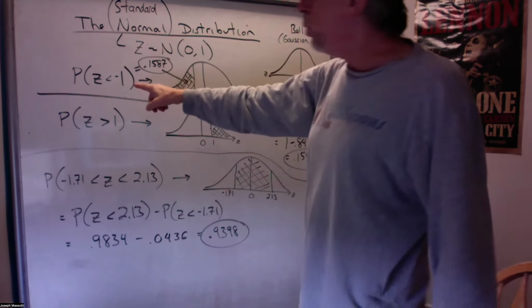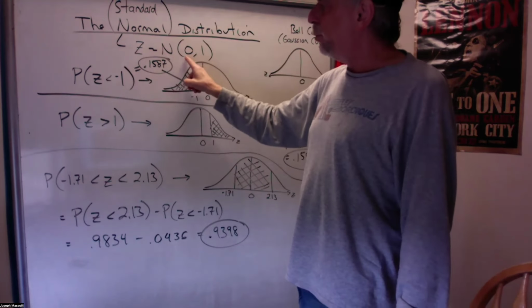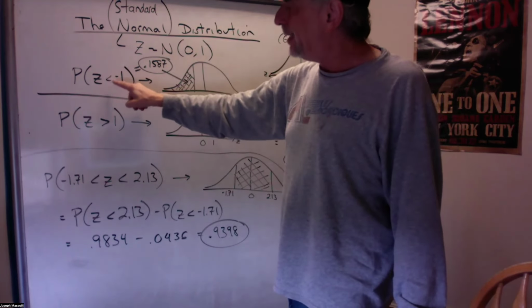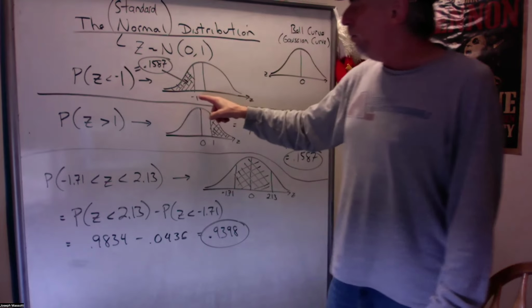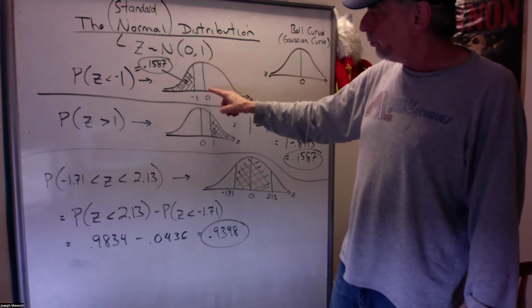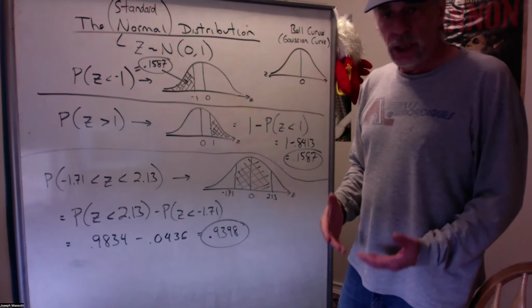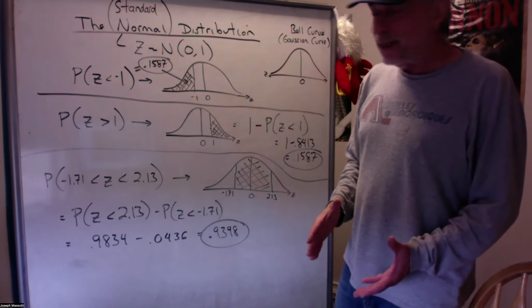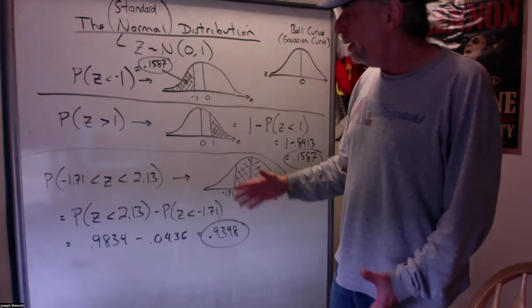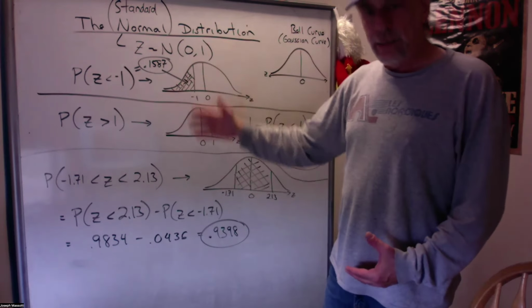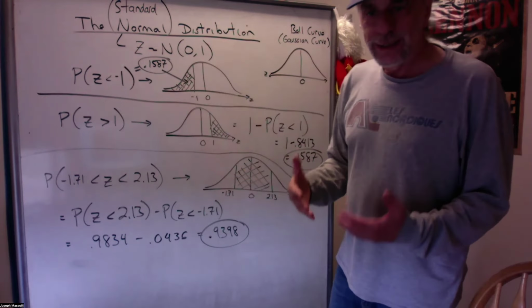So if we ask this question, what's the probability in this distribution that a z value is less than -1? Well, 0's in the middle. We're going one standard deviation to the left. Now we could use the 68, 95, 99.7 approximation here to get this answer, but the table that I'm going to give you gives you more exact values.